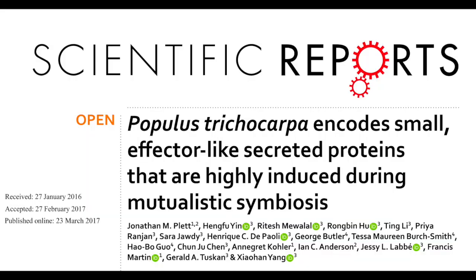I think there's going to be a lot of exciting work over the next few years using both the few ectomycorrhizal host plants that we can actually do genetics with. So, like, I think probably work in Populus will tell us a lot more about what are the specific defense pathways that are involved with ectomycorrhizas, and are they distinct from the specific defense pathways that are involved for standard fungal pathogens or not.